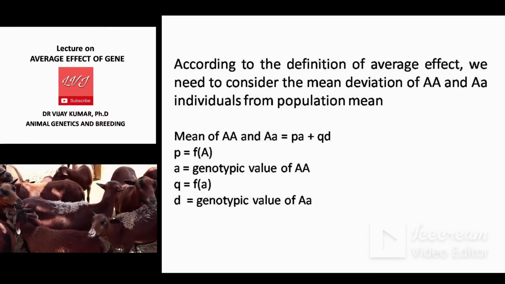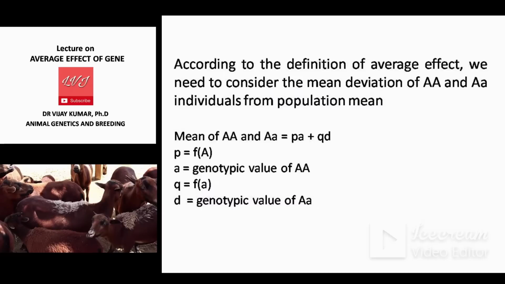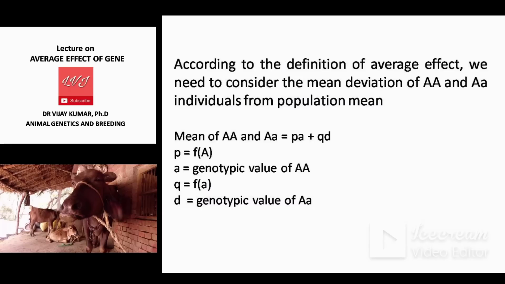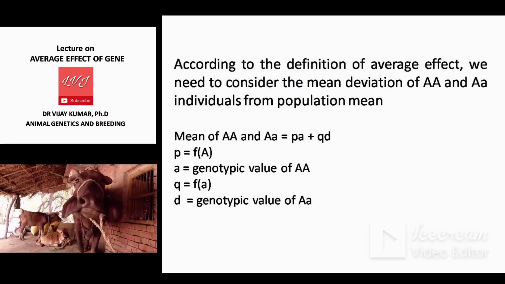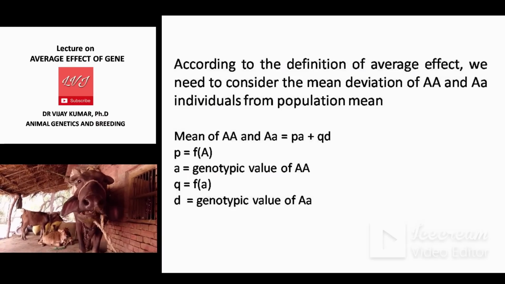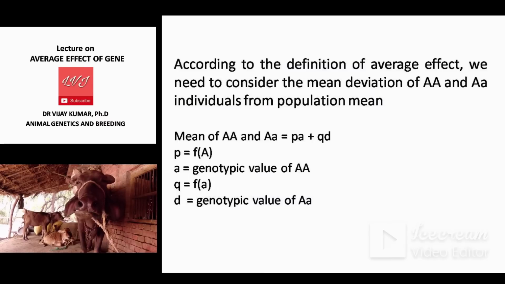Here p is the frequency of the dominant allele, a is the genotypic value of homozygous dominant individuals, q is the frequency of the recessive allele, and d is the genotypic value of heterozygous individuals.